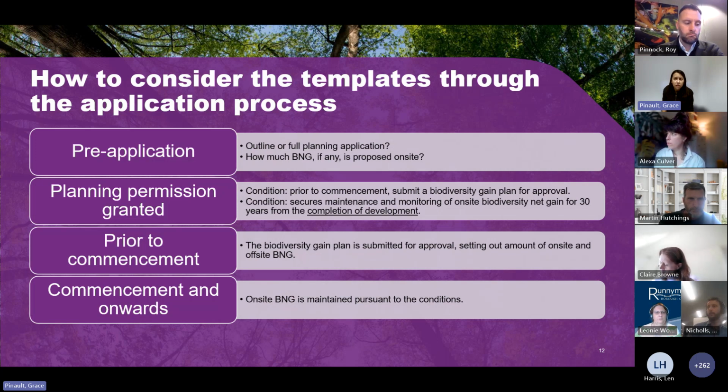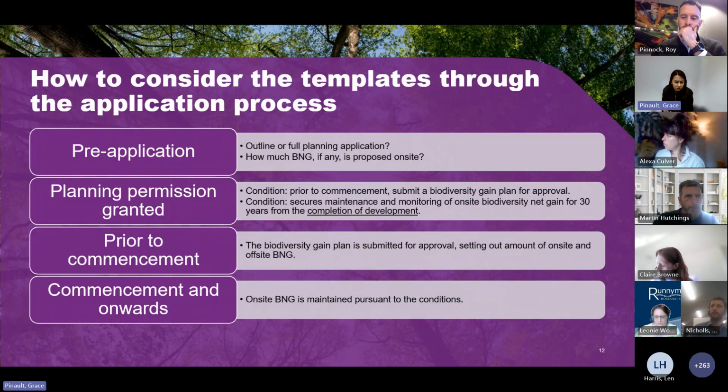So if you're dealing with an outline stage, you have that statutory condition that triggers as a requirement prior to commencement, right? So it's your hard barrier there. But you may not know exactly at pre-application stage what development is going to be, what the on-site degradation is going to be, and how many biodiversity units it will take to reach 10%.